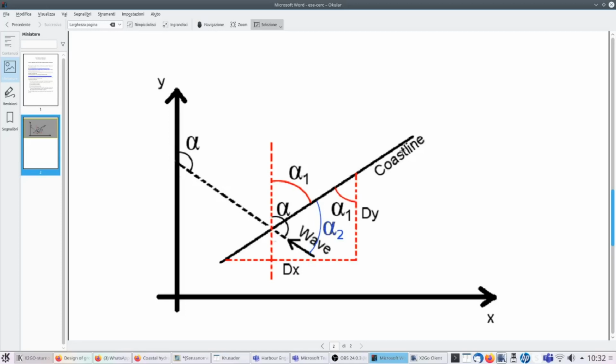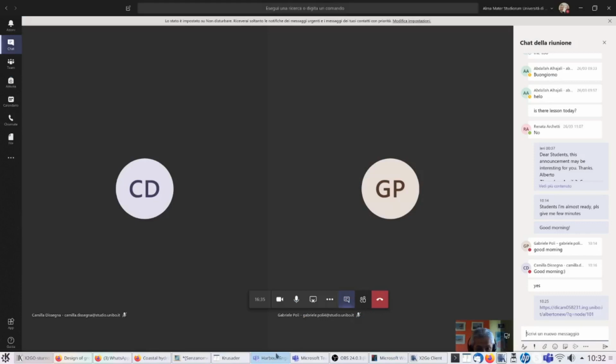So what does the sign of the estimated sediment transport mean, and what does the sign of delta xi mean? This is my premise. And then we can start building the code, keeping in mind all of these considerations.